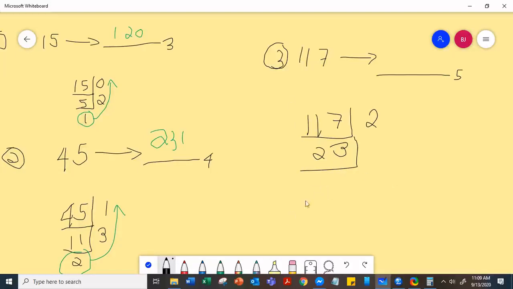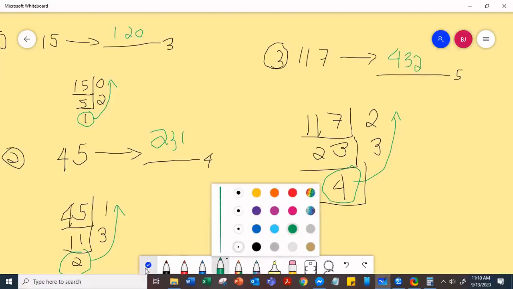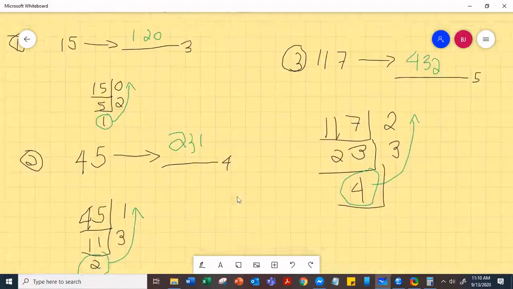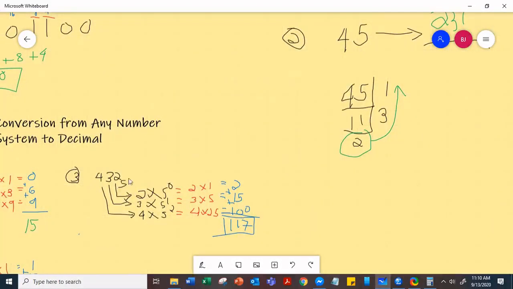Next, how many 5s are there in 23? We have 4 with a remainder of 3. Because the last quotient is lesser than the base, we stop. So the answer is 432 base 5, which is the same as this one, 432 base 5.